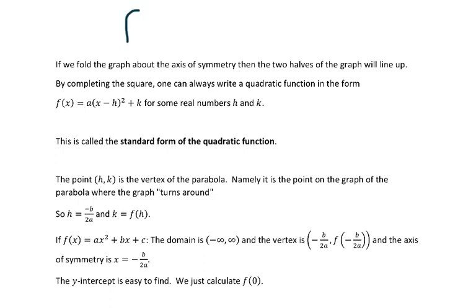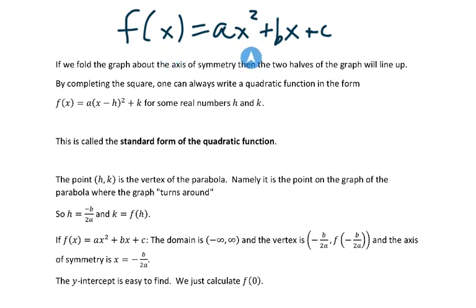Now, it turns out there's actually another way to write out a quadratic function. We had one way earlier. Remember, that looked like this. So again, you had A, B, and C there. But it turns out, through a process of completing the square, you can write the quadratic function in this form down here, for some h and k.